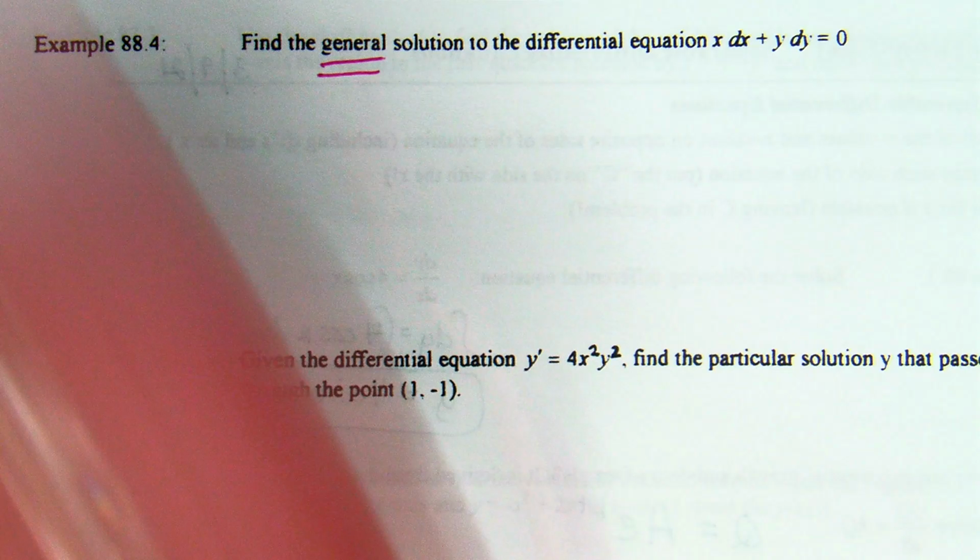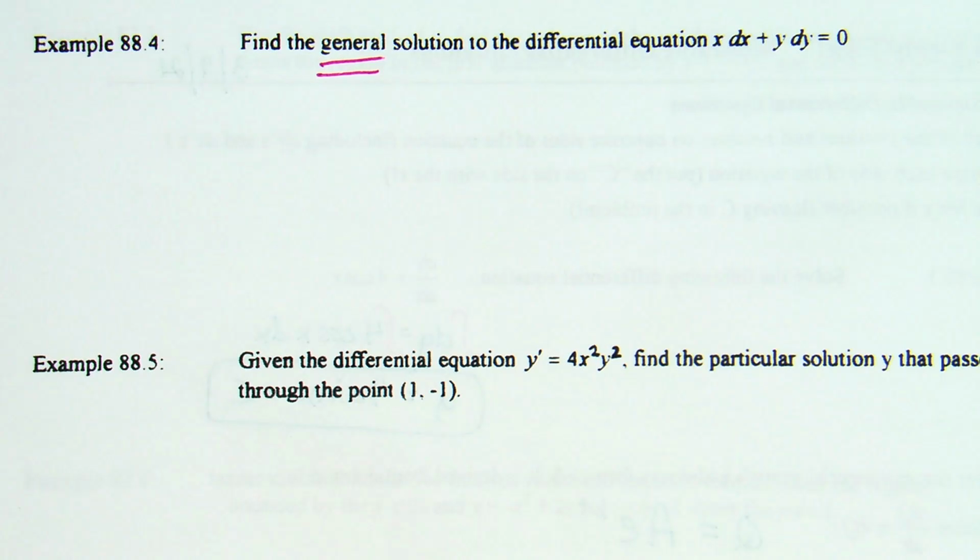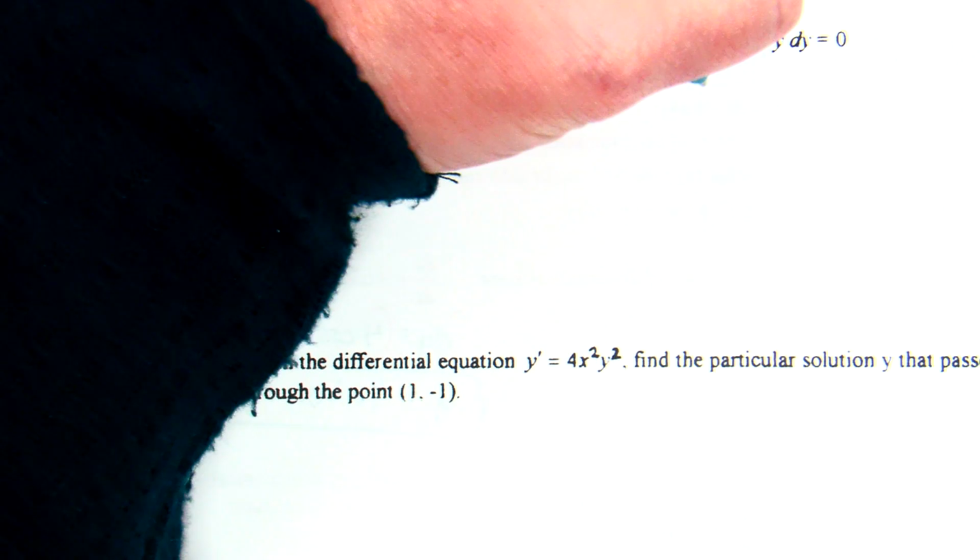So what do I do first? Isolate the variable. Okay, separate those variables. What would be easiest to do here? Subtract the x dx, keep the y dy where it is. So then I have y dy equals negative x dx. It made that easy on us.